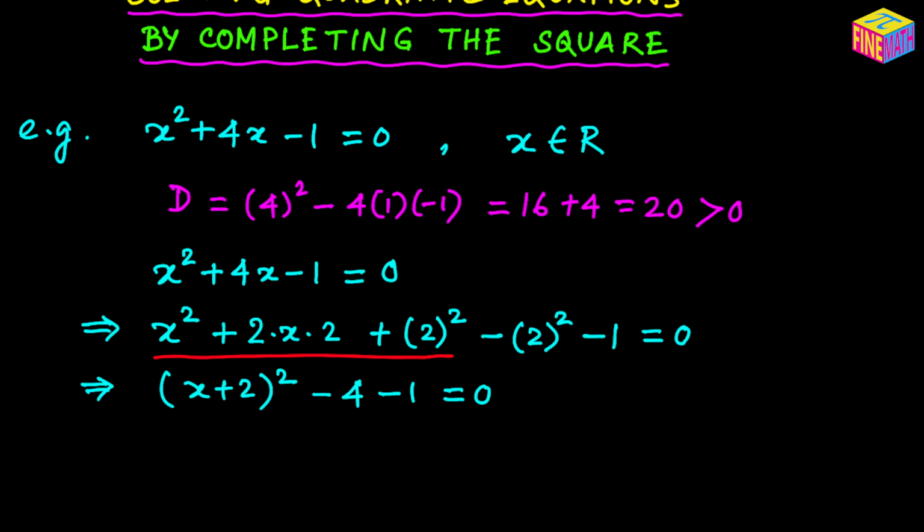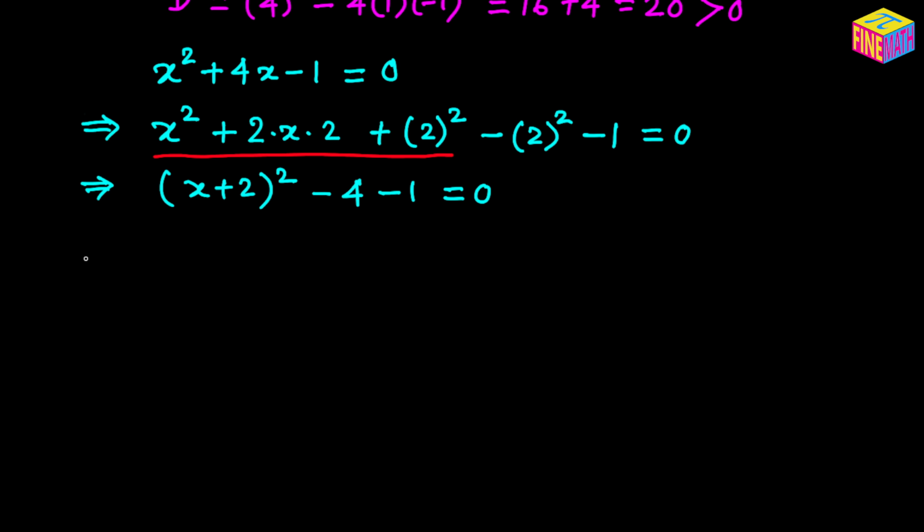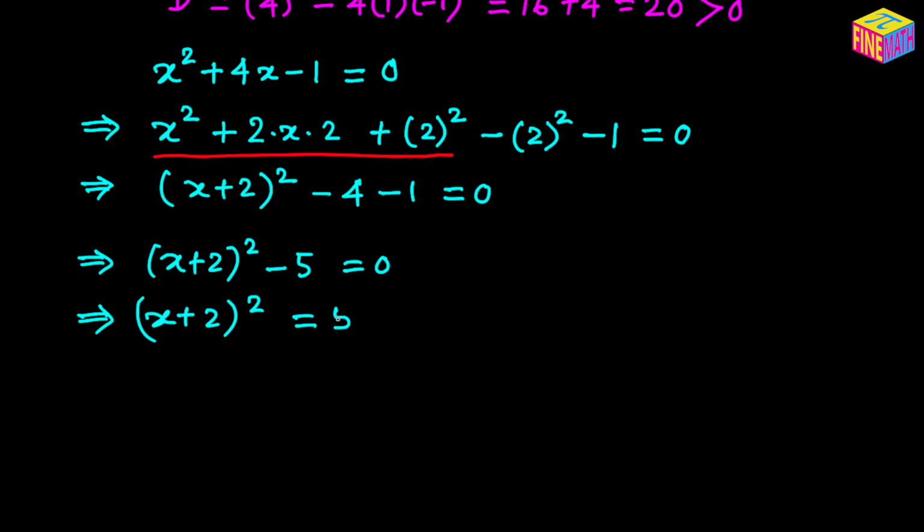So from here x plus 2 whole squared minus 5 is equal to 0. So x plus 2 whole squared is equal to 5. So x plus 2 is equal to plus or minus square root of 5.